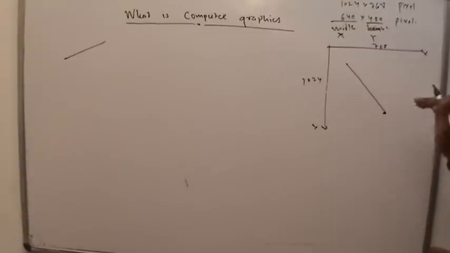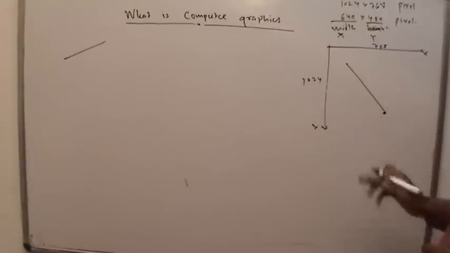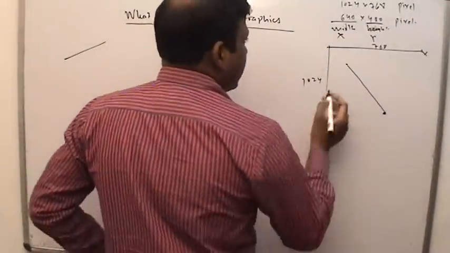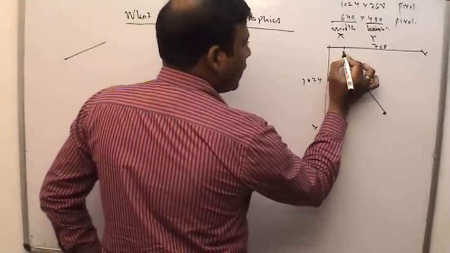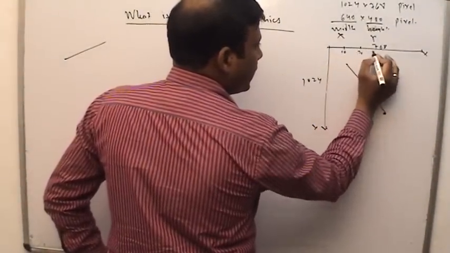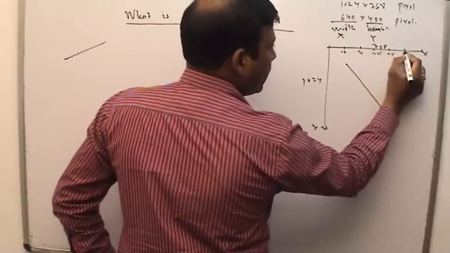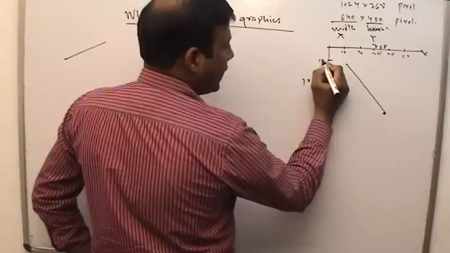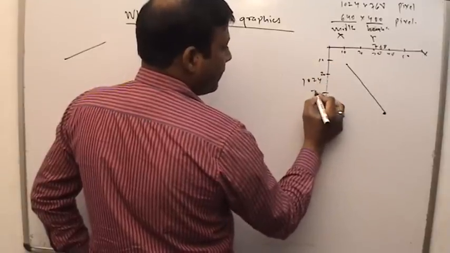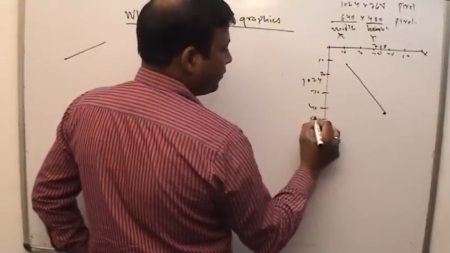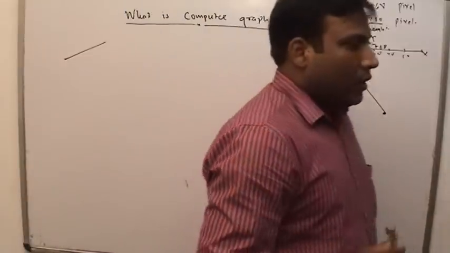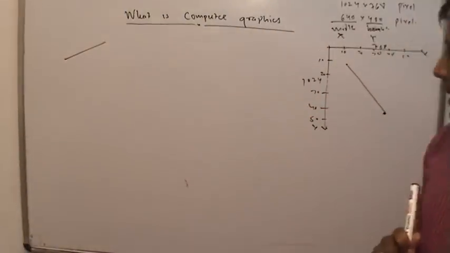If we want to draw an image from this coordinate to this coordinate, we have to know the coordinate positions. If we divide the coordinate axis into lengths of 10, then we get 10, 20, 30, 40 or 50. The origin point of the x coordinate is here.